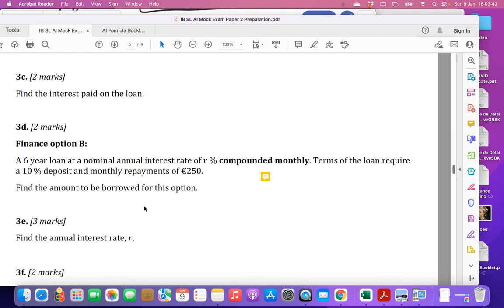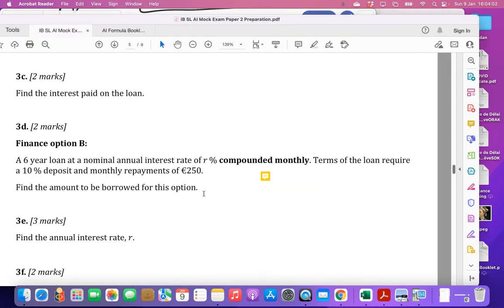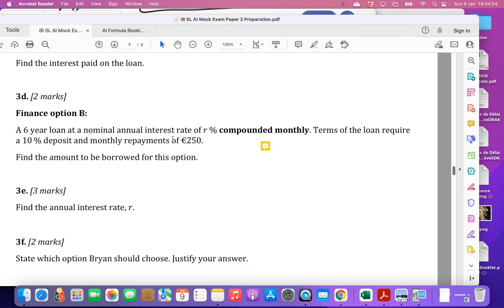Okay, so that gives me 12,600 for the amount of the loan. All right, so now this is what I'm going to put into the TVM Solver for the PV. And I'm going to be making payments of 250 on the TVM Solver, okay? And then I'm going to solve for interest rate.